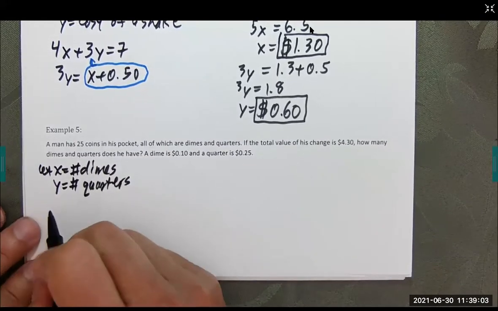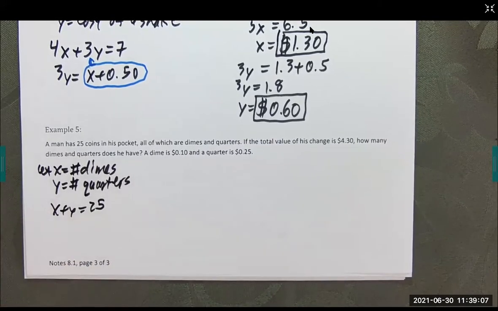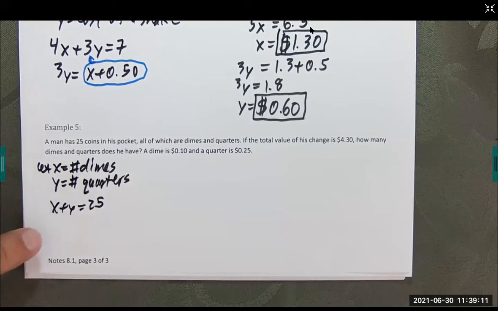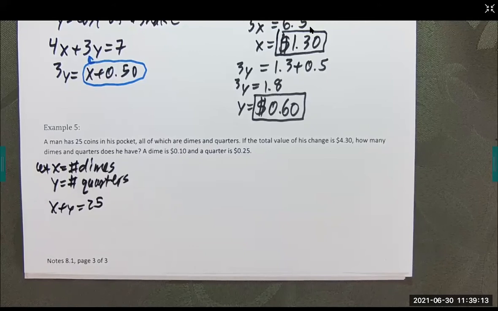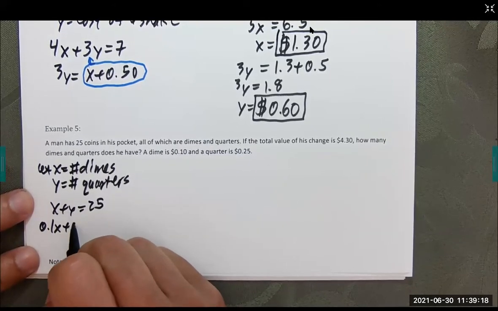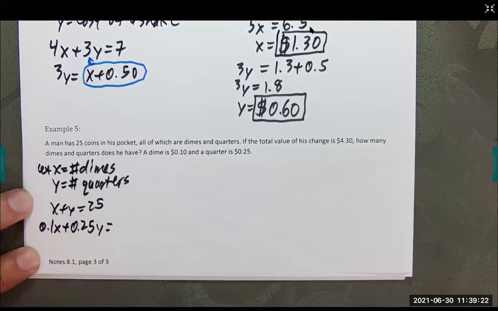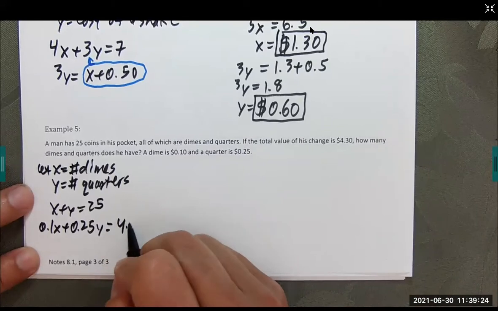And it looks like we have x plus y equals 25 coins total. So this is coins, pieces of metal. And the next one's going to be money. So a dime is 10 cents. A quarter is 25 cents. And that's going to total $4.30.